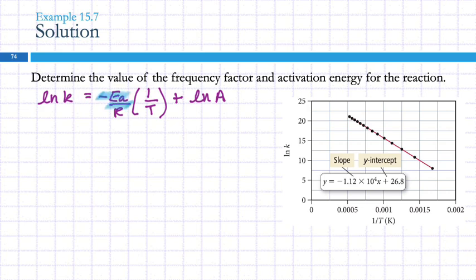These are probably not the same colors, sorry. So negative EA over R is equal to the slope, minus 1.12 times 10 to the 4.